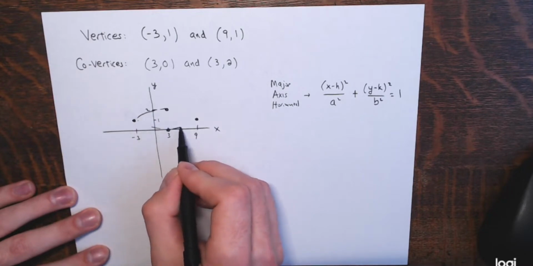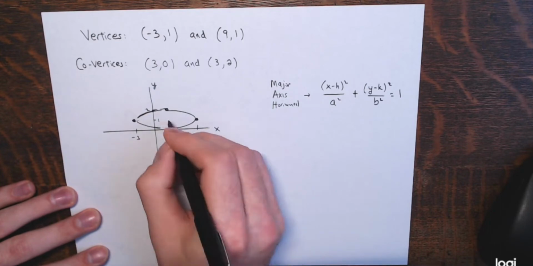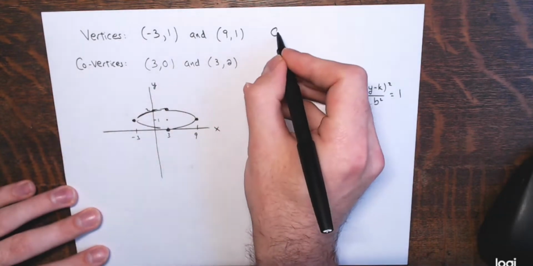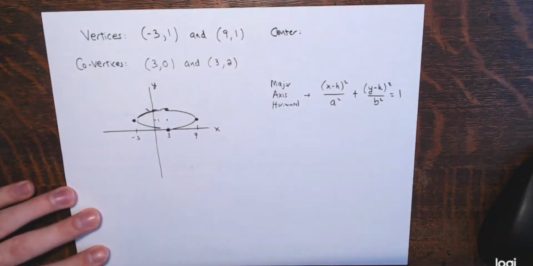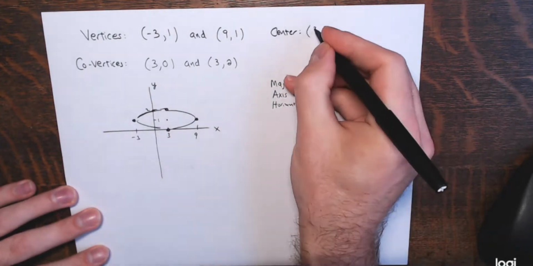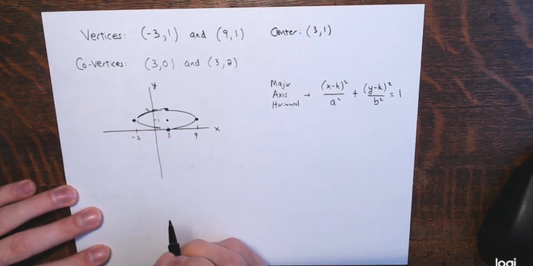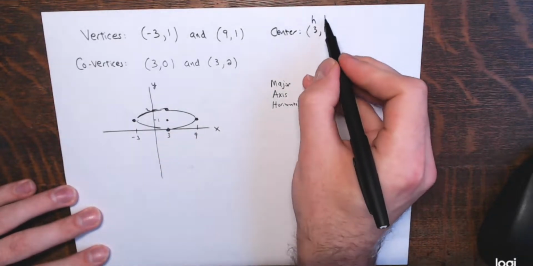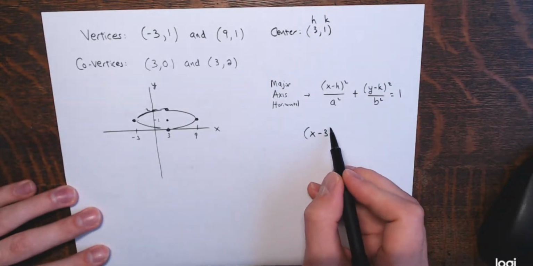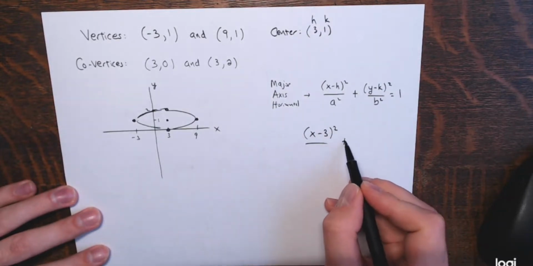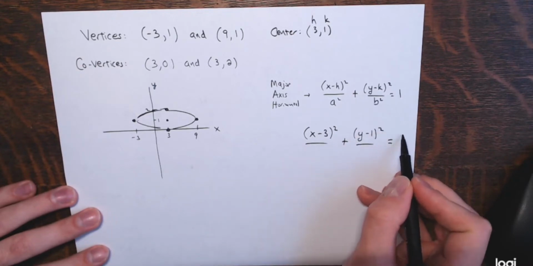If you know the vertices and co-vertices, you can draw the ellipse in, but the center is going to be the midpoint of the vertices, or the midpoint of the co-vertices, which will be at 3, 1. I hope you can see that. The center has to be at 3, 1. So there's h and k, right, 3 and 1. So we got x minus 3 squared over some number plus y minus 1 squared over some number equals 1. I'm just filling in the formula as I go.